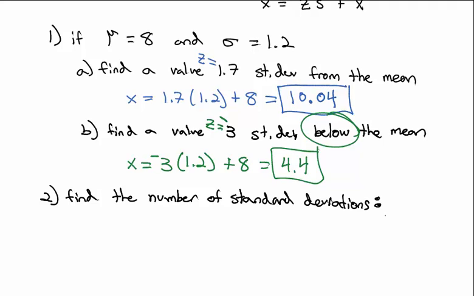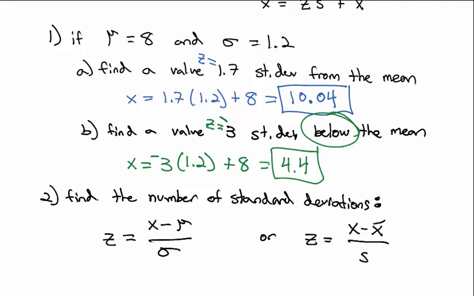And we get this by solving the above formulas for z. If you solve the above formulas for z, you get x minus mu over sigma, or if it's a sample, x minus x bar over s, same idea. Basically, we want to know how far away we are from the mean divided by the standard deviation.